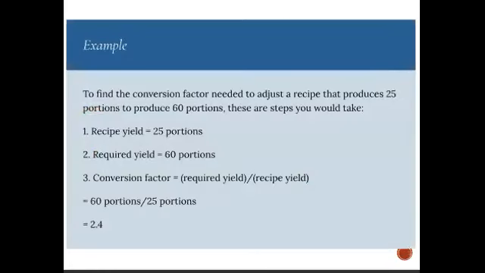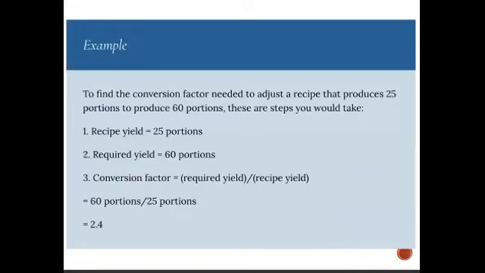So let's say that you have a recipe that produces 25 portions, right? But you want to use the same recipe, but you want to make it into 60 portions. Your recipe yield will be 25 portions. That's how the original recipe was written. But you have a party where you want to make 60 portions for your guests.